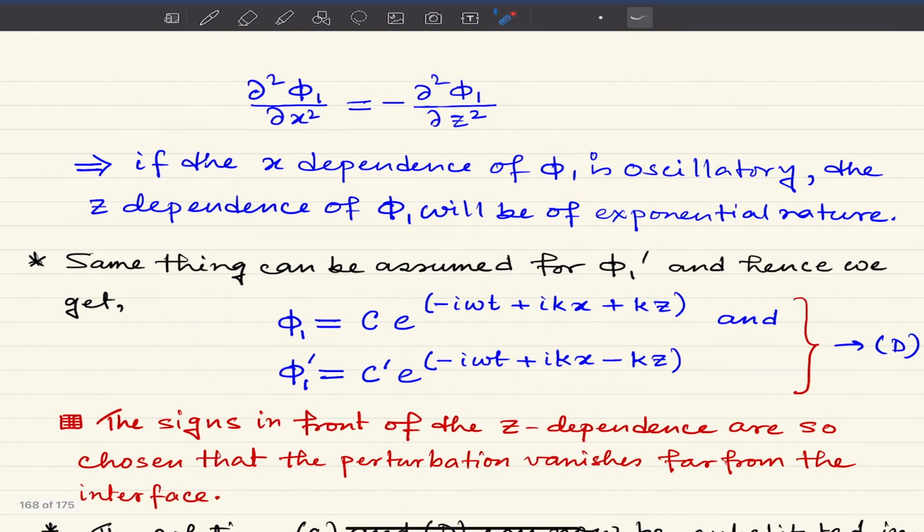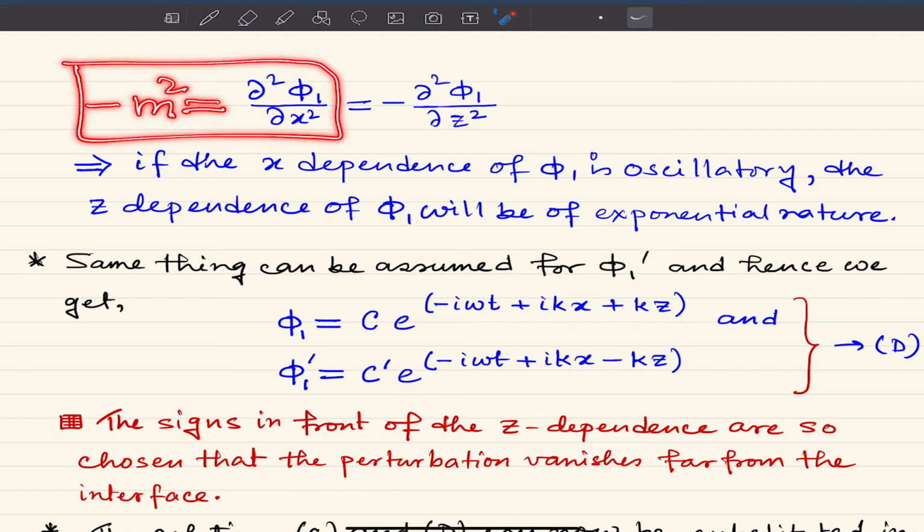If that is oscillatory, then it is exactly equal to some minus m square, where m square is some positive quantity. That is the condition so that phi 1 can have an oscillatory solution as a function of x.